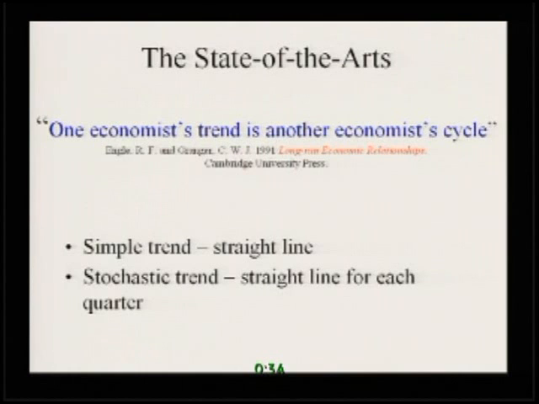Why do you divide it into quarters? Because all the business people report their activity quarterly. So each quarter you draw a straight line. Then you can see that this line does not go through the whole data. It goes up and down, but it's not a continuous line.